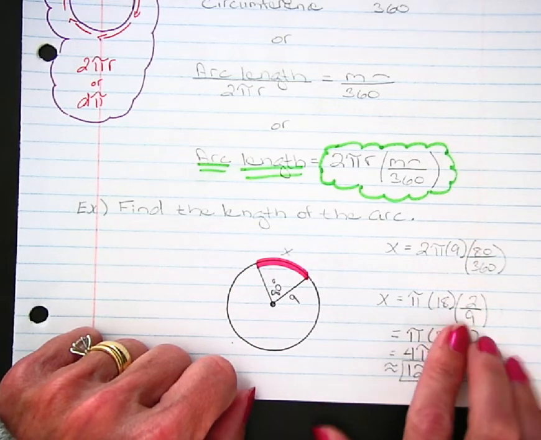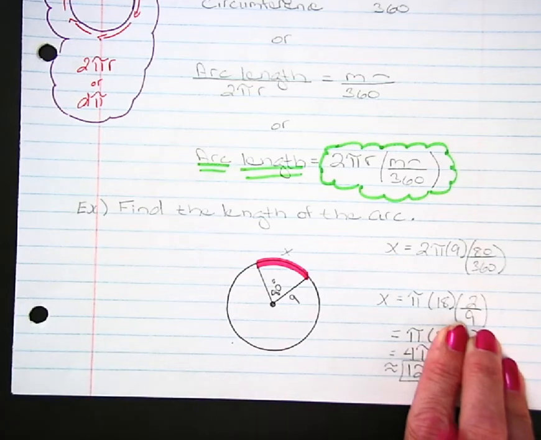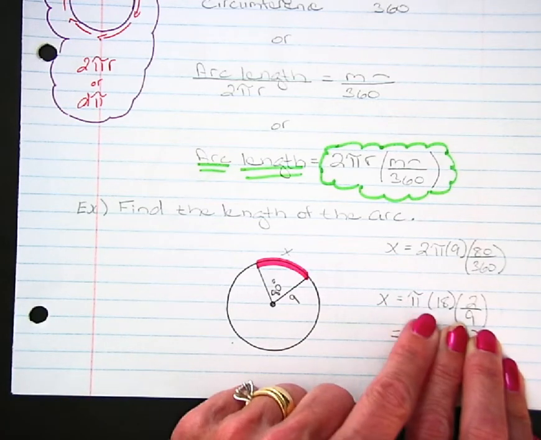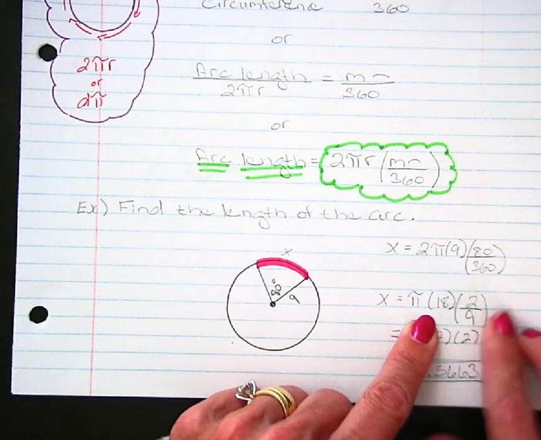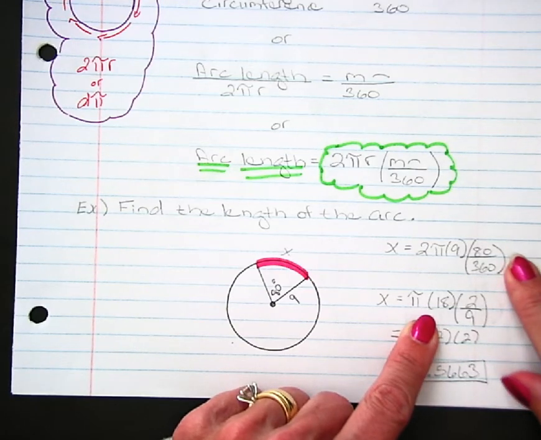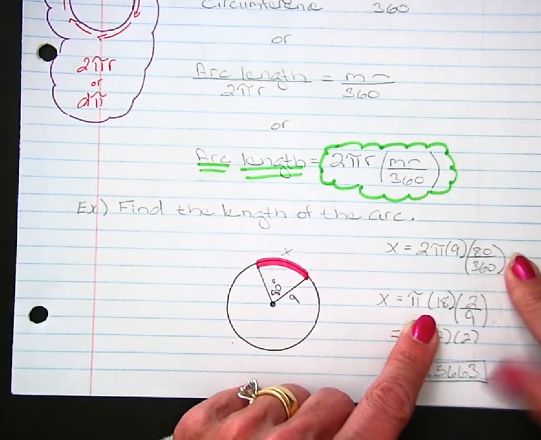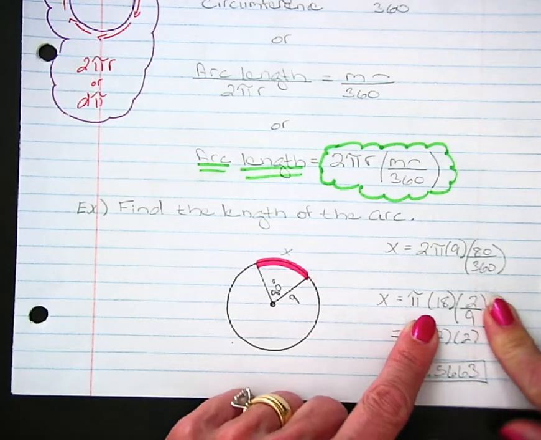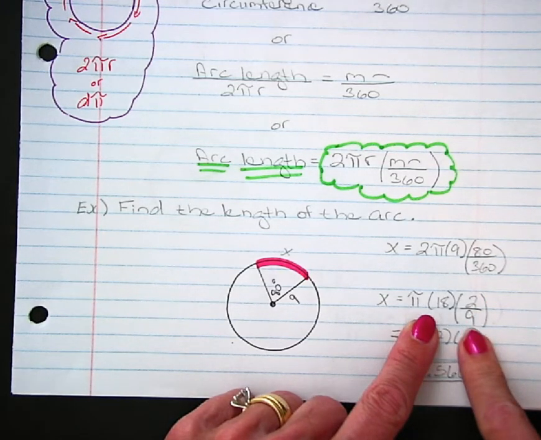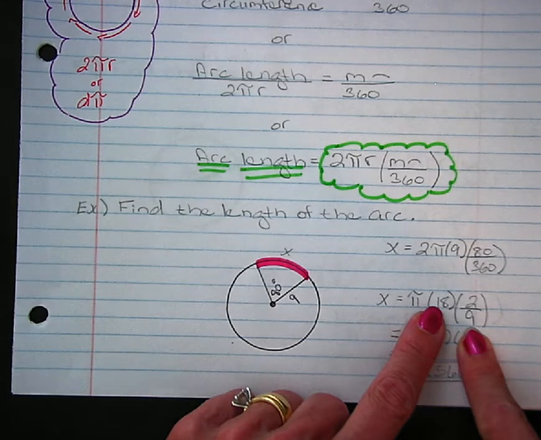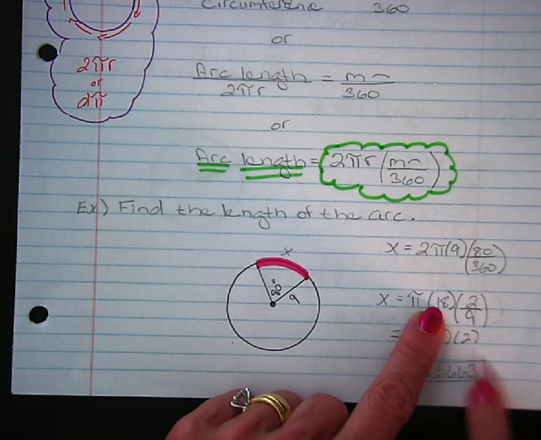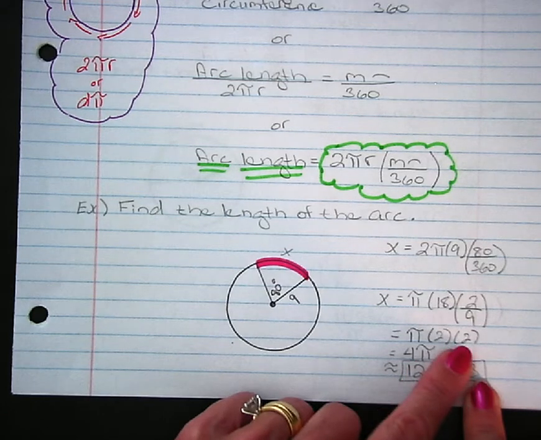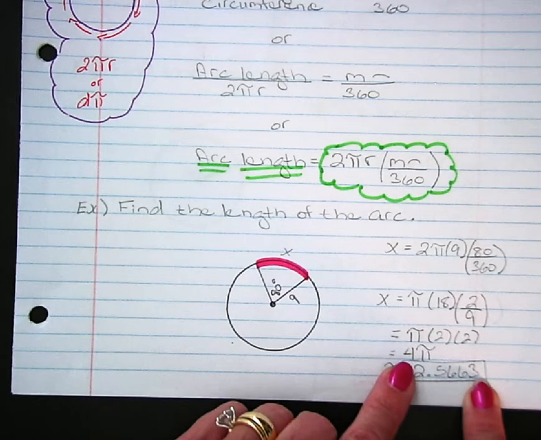And then we're just going to simplify this down a little bit and solve for x. So 2 times 9 is 18, and if I take 80 over 360 and divide both of those by 40, I get 2/9. So I just simplified that fraction down. And then I notice that 9 and 18 will go into each other. 9 will go into 18 2 times. So I end up with 2 times 2 times pi, or 4 pi.